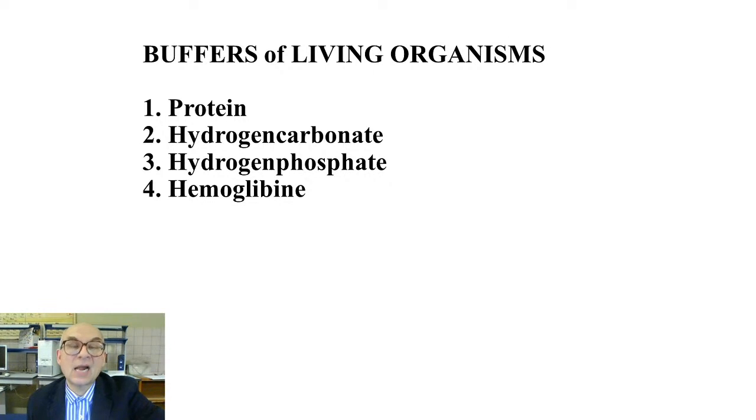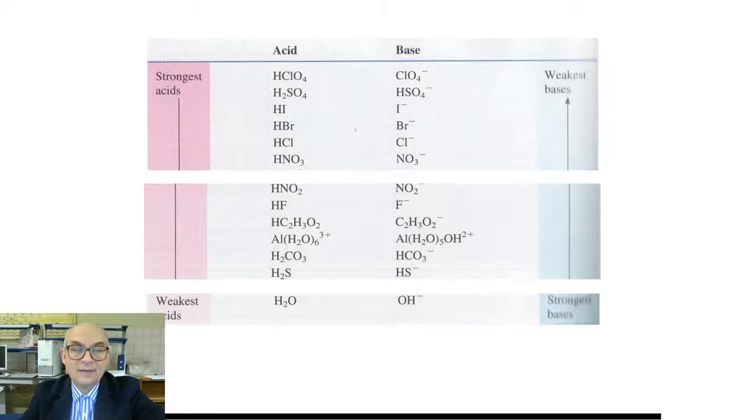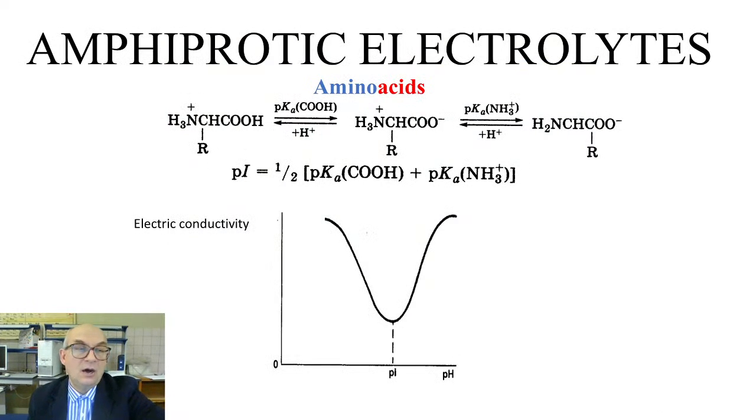What about the protein buffer? The action of the protein buffer, the peptide buffer, is like the action of an individual amino acid in aqueous solution. Look at the previous slide. The pH of our organism is larger than 7.